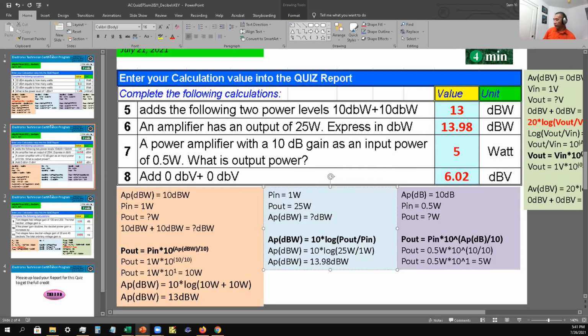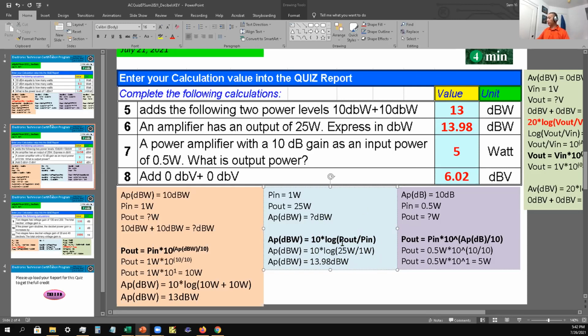So it's going to be 10 log of the 25, because 25 divided by 1 is equal to that. Once you take the log of that and multiply by 10, you should get 13.98 dBW. So that's why for number 6, the answer is 13.98 dBW.